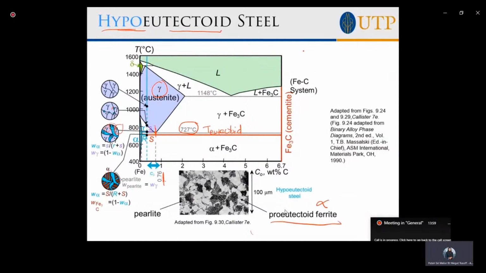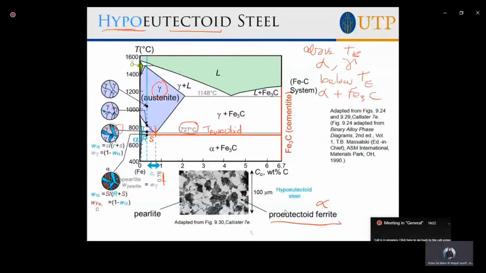Below the eutectoid, you have already transformed, so you're going to have alpha and cementite. That's the border, alpha and cementite.